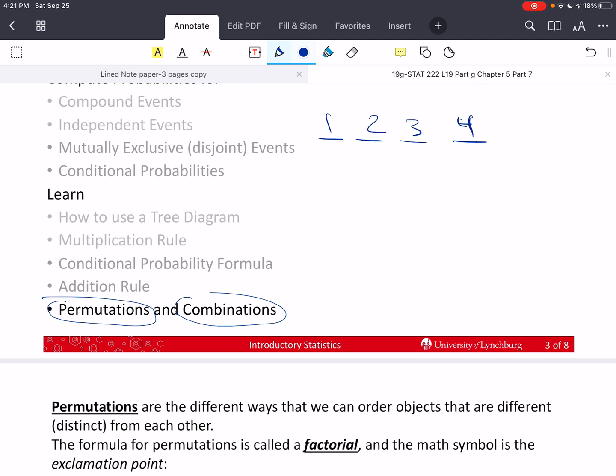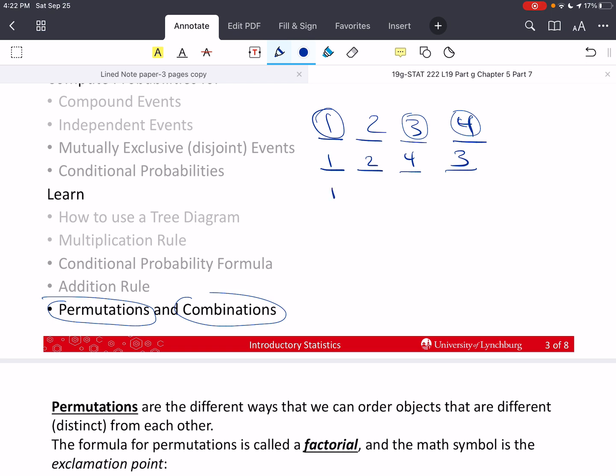And so what I can do, so here is the strategy I use to keep this straight. I'm going to keep 1 the same. And at first I'm going to keep 2 the same, and then I'm going to switch these last 2 numbers, okay? So I'll end up with 4 and 3. All right.